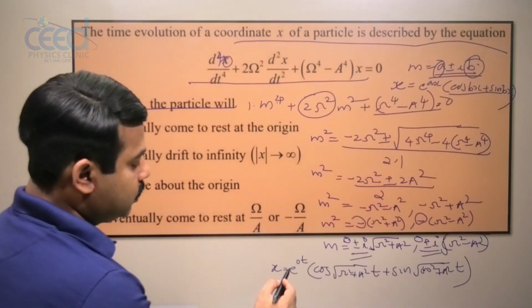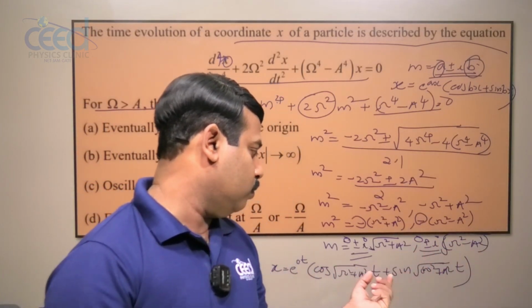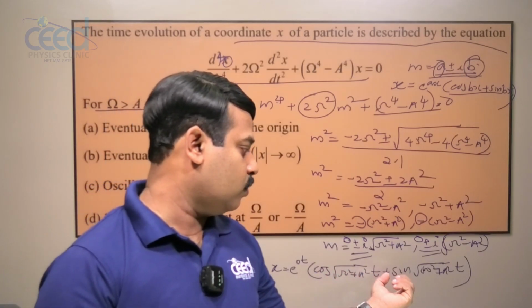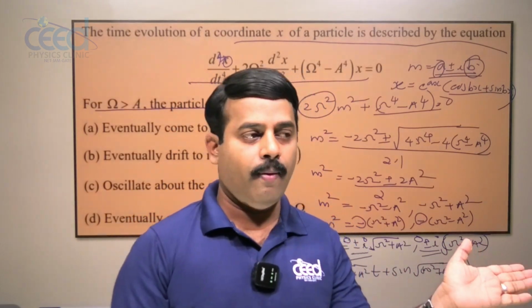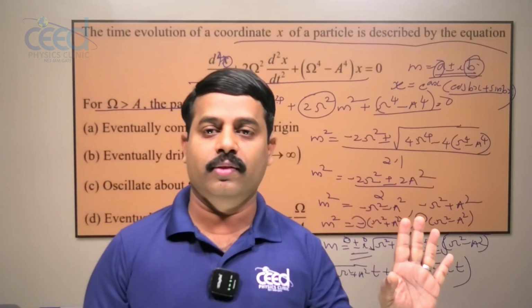Or in the other case, cos root omega square minus a square plus sin root omega square minus a square, whatever it is. Sin and cos come as the solution.